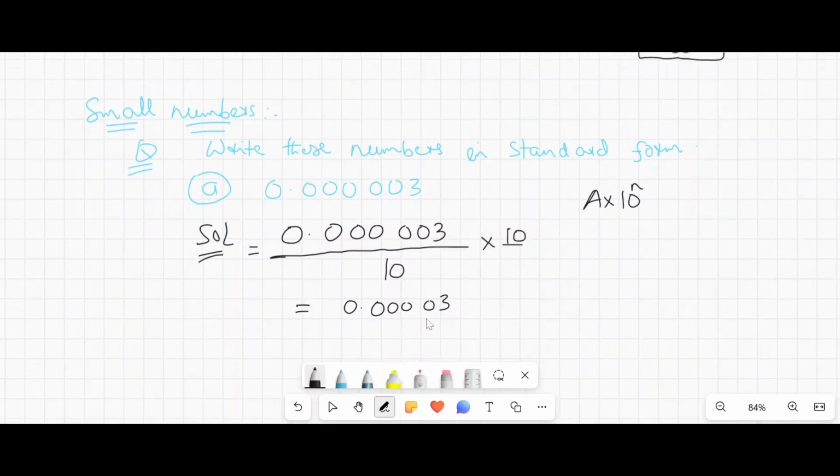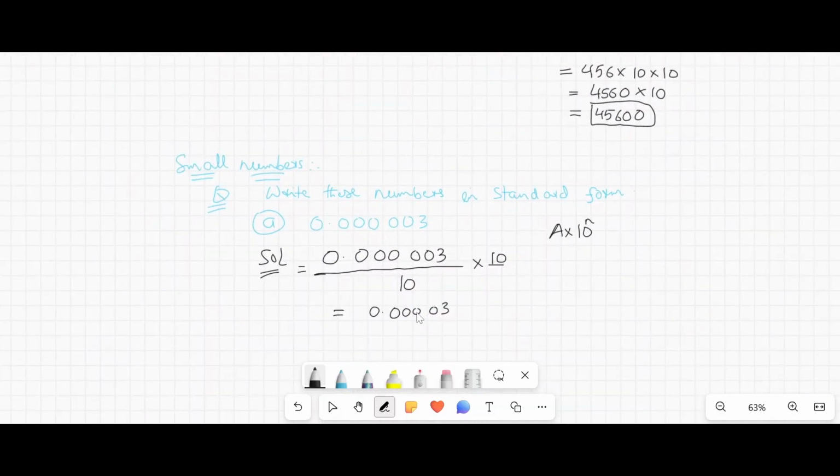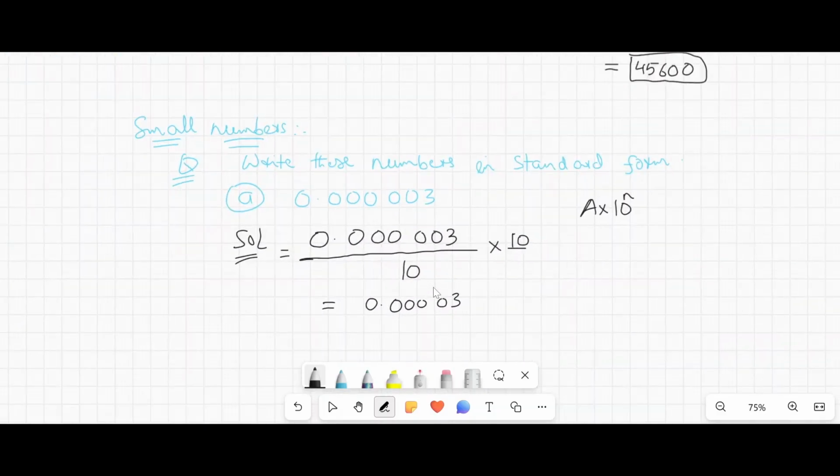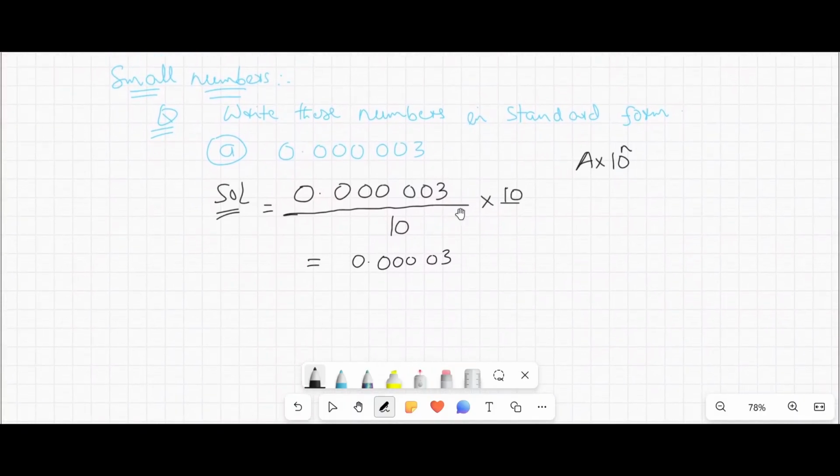So the 10 which is in the denominator will be converted into 10 raised to power -1.